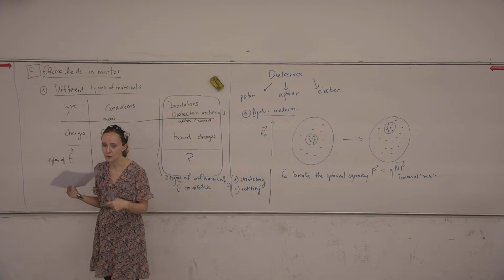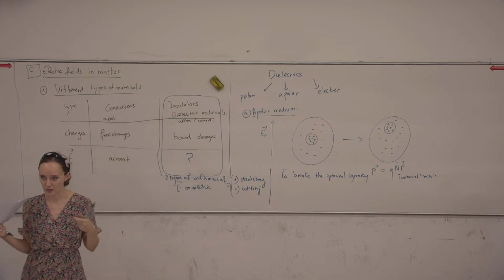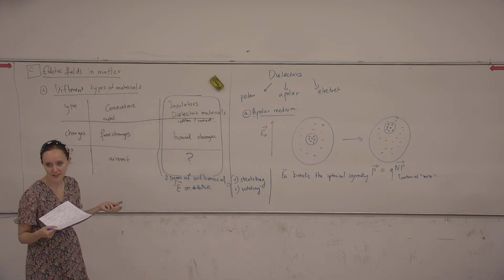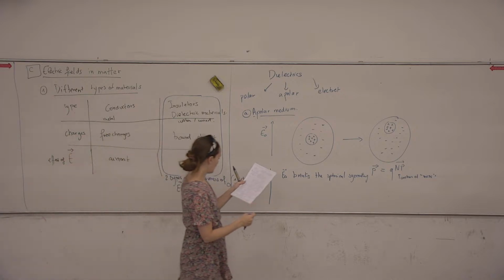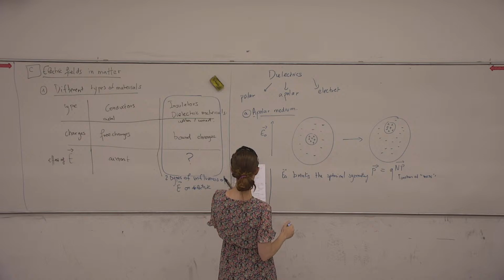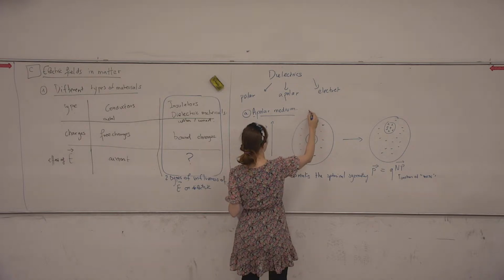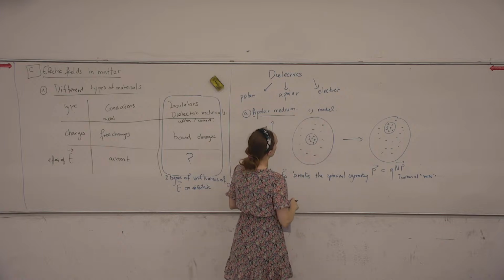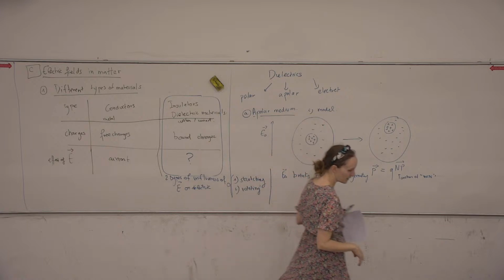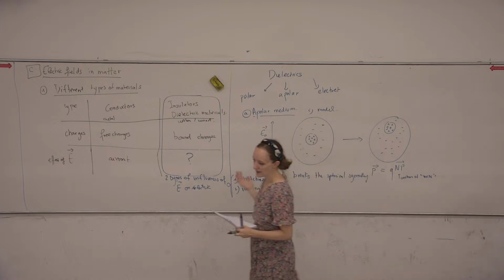I said there are two different effects of E on the matter. One effect is stretching. Now this was the definition, or the model, and I want to quantify it.